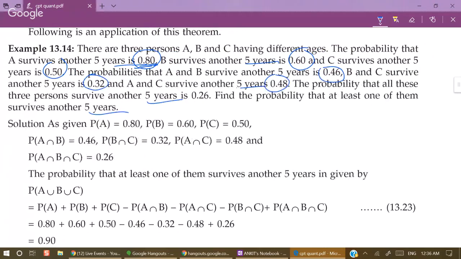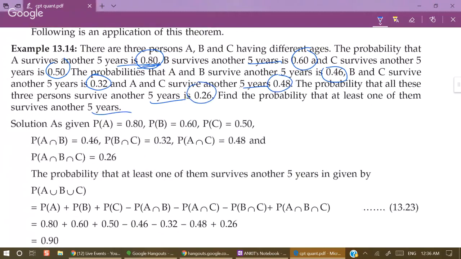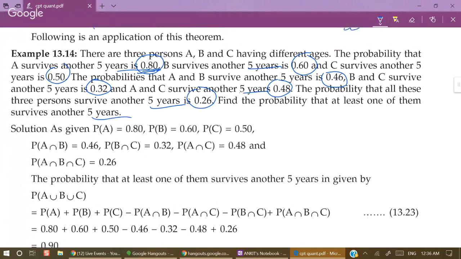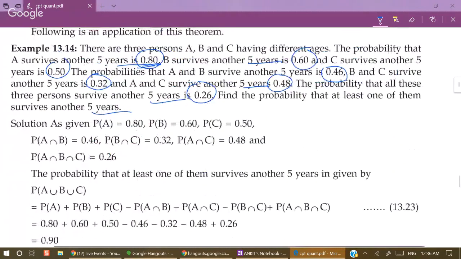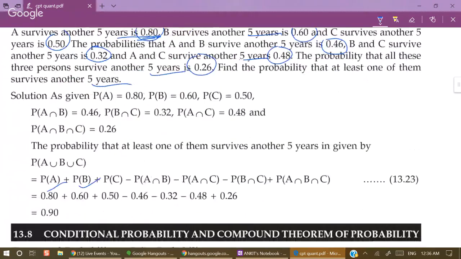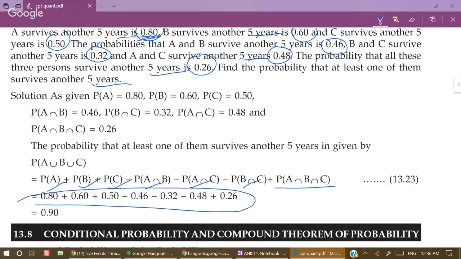All together is 0.26. We have the formula here. We have to apply only P(A) plus P(B) plus P(C), minus the pairwise intersections, and plus all three. So they have added it like this and we got the answer 0.90, straight and simple.